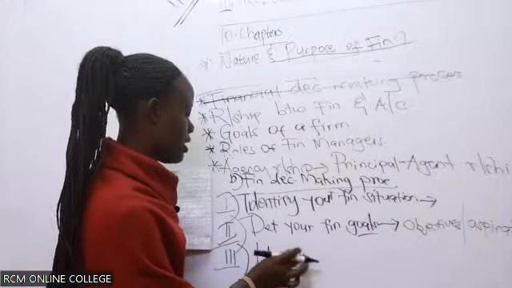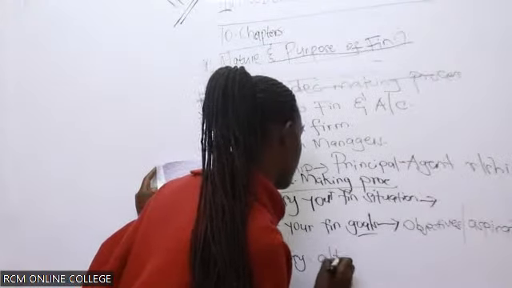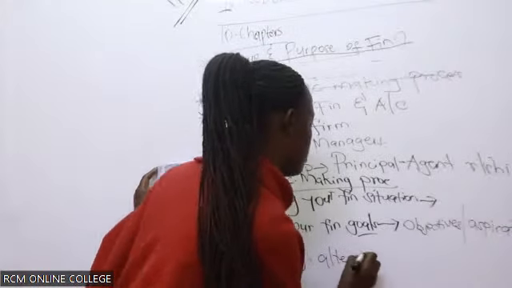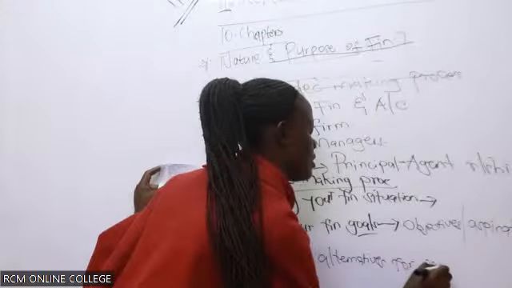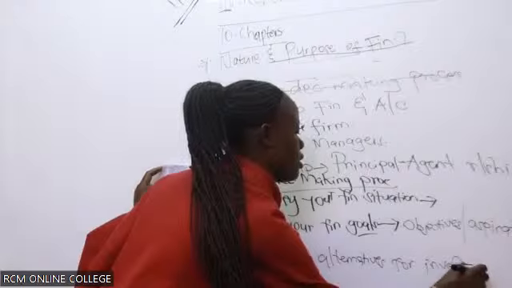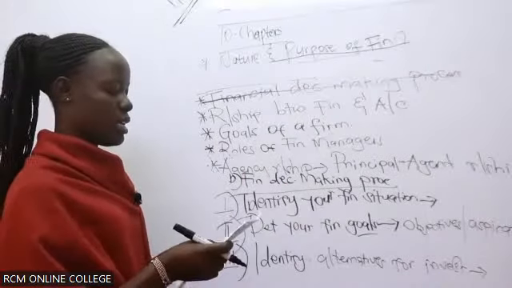Once you've determined your financial goal, we look at our next stage that deals with identifying alternatives for investments. That is our next stage in the financial decision-making process.